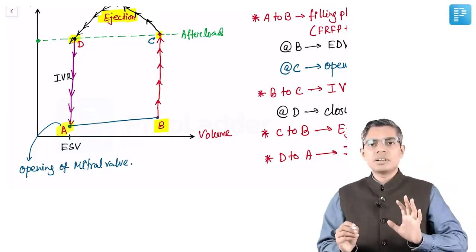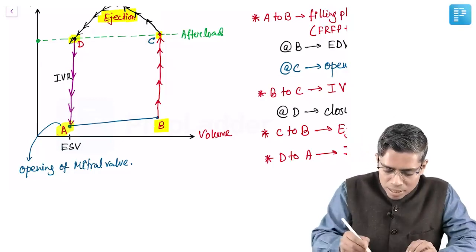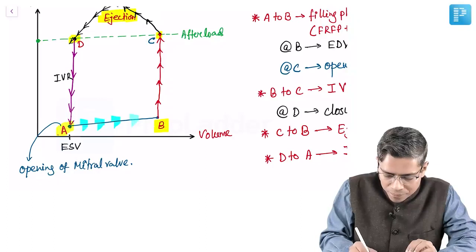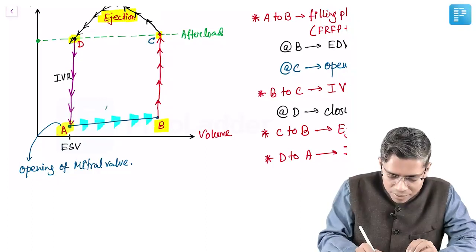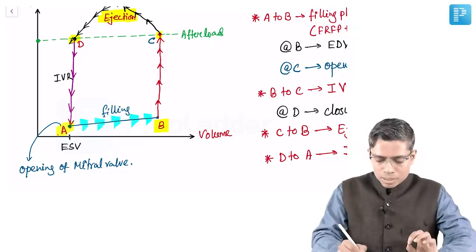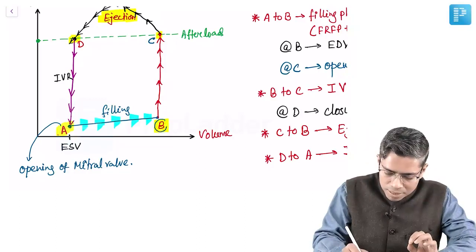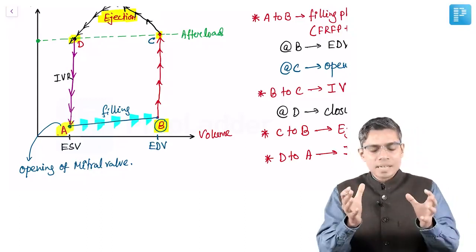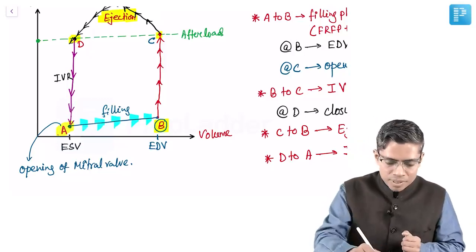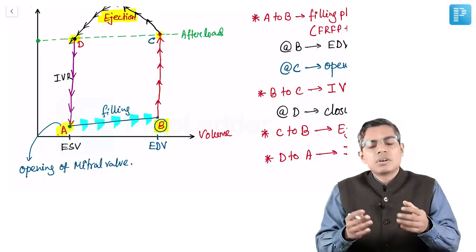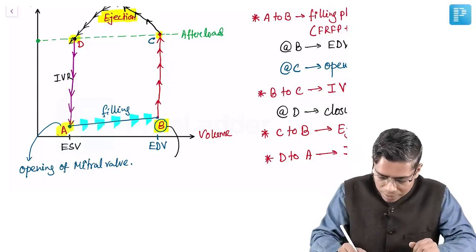And whenever there is opening of mitral valves, there will be more and more filling of ventricle. So ventricular filling is going on. That's why I told you that this is the filling phase of ventricle. At the end of the filling, the total volume of blood which is present at point number B is known as end diastolic volume. Whenever the ventricle gets end diastolic volume, it will start contraction, and immediately after the onset of contraction, what is going to happen?